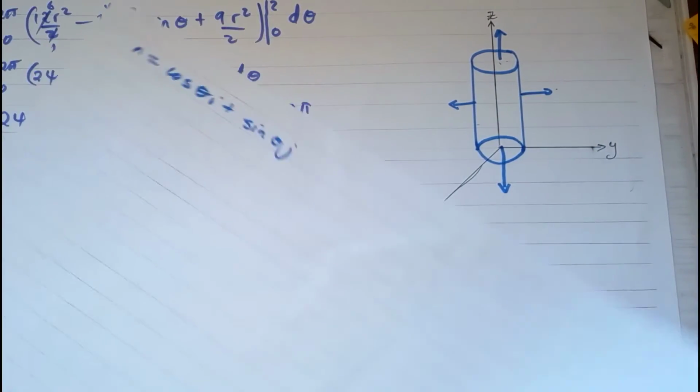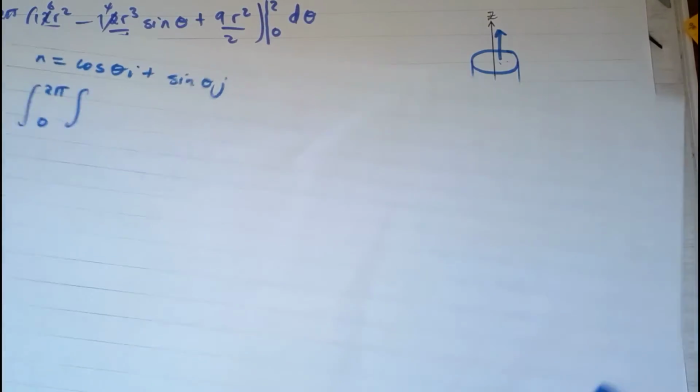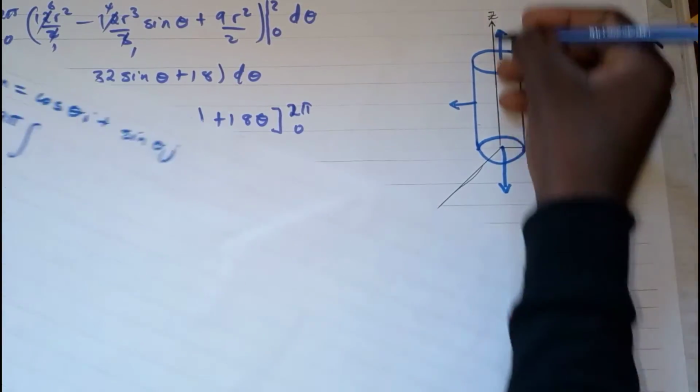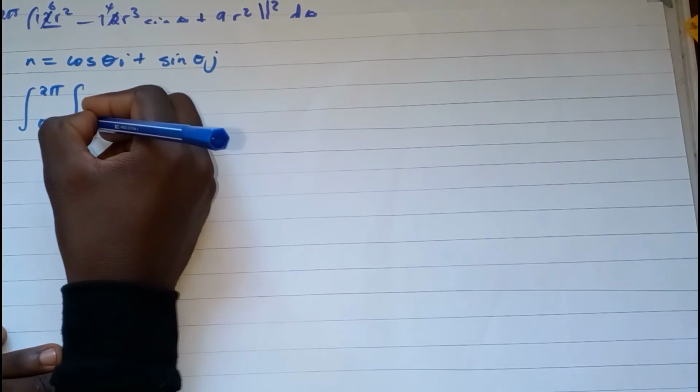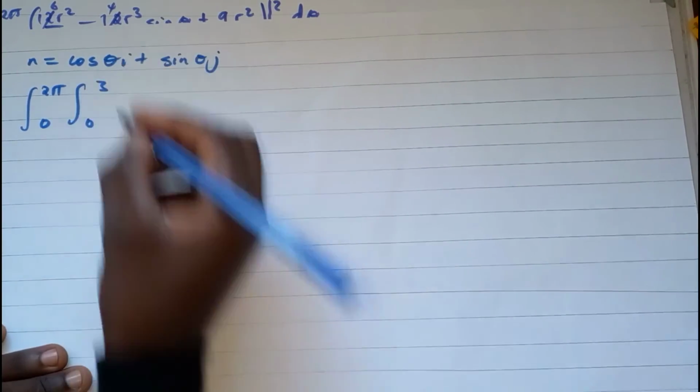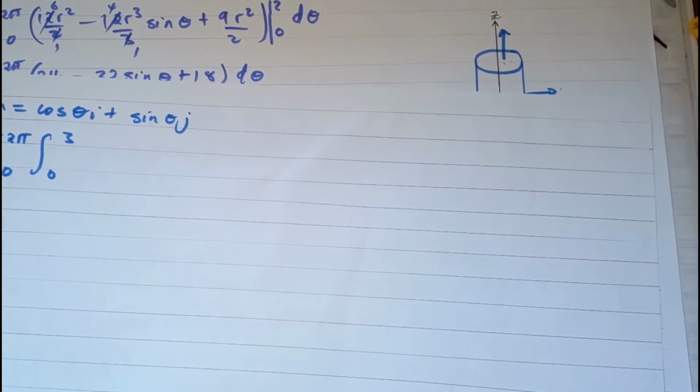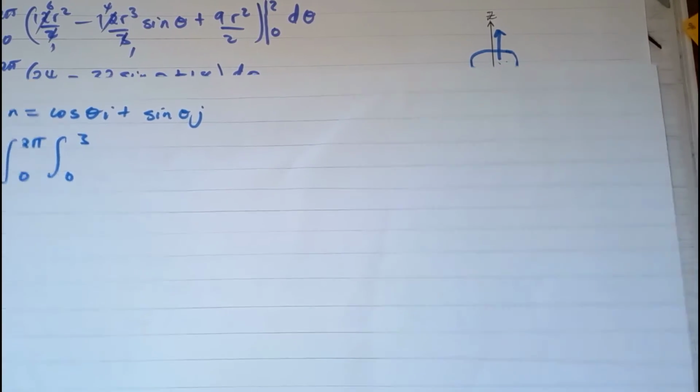Because we're rotating around the cylindrical surface, our double integral has the angle from 0 to 2 pi, and the distance z from 0 to 3. But we're using cylindrical coordinates, so we're not going to forget our Jacobian.